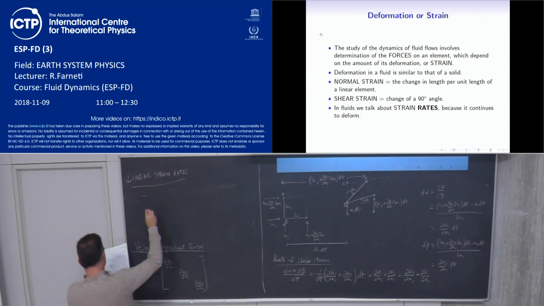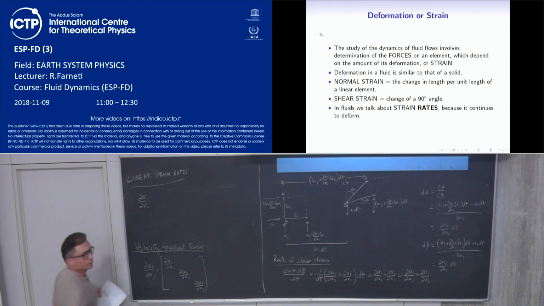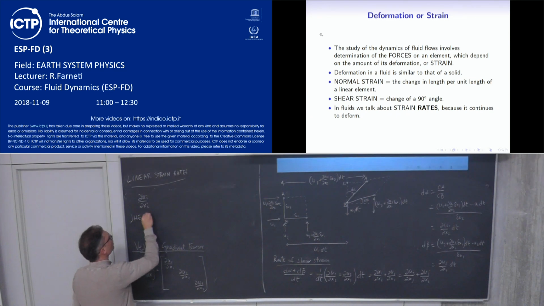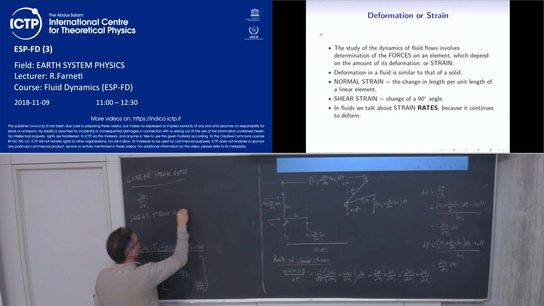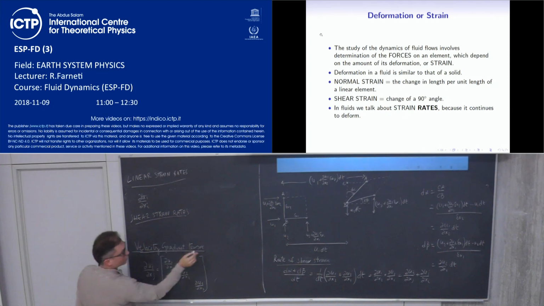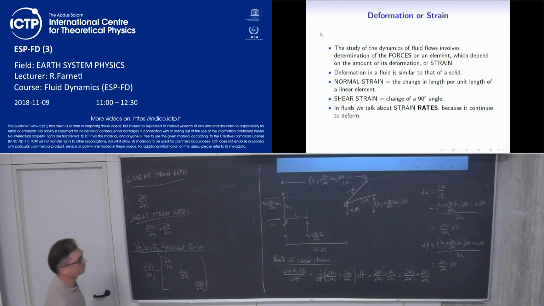Okay, so the linear strain rate, we said it was this. Any linear shear will cause you a linear strain rate in x1, in x2, or in x3. And the shear strain rates are going to be this.